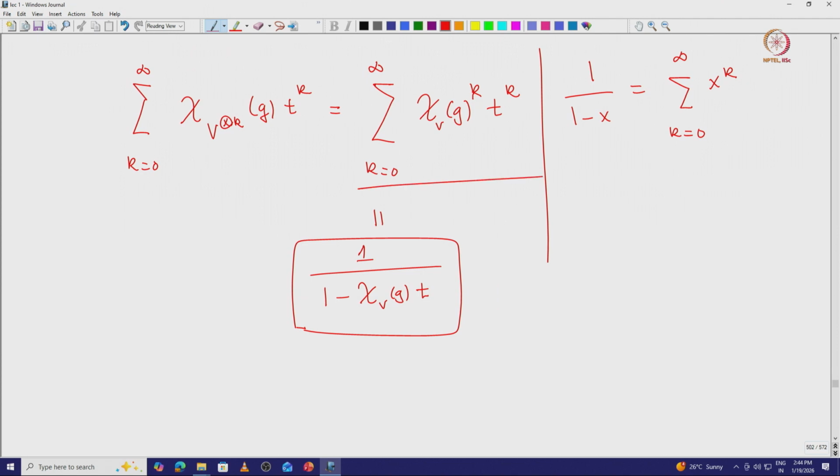And in the formal world, we are talking about taking the inverse of 1 minus chi V of g t, which is equal to this by definition. It is another way of writing the same thing in terms of formal series, and it takes a compact form when you are looking at the graded character. So let us look at what happens to the symmetric power. Again, this will also have a very nice compact form.